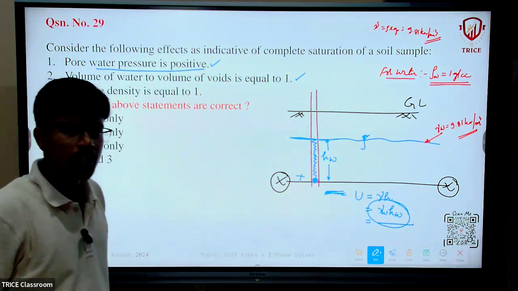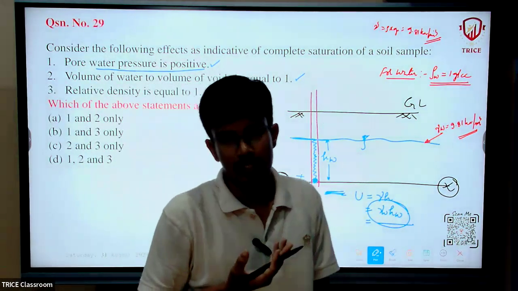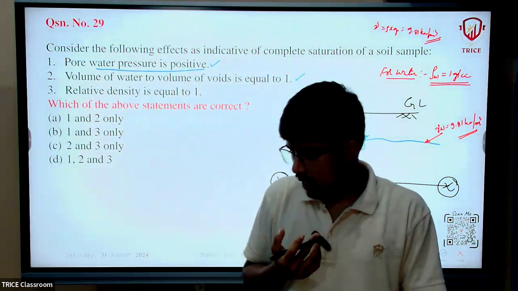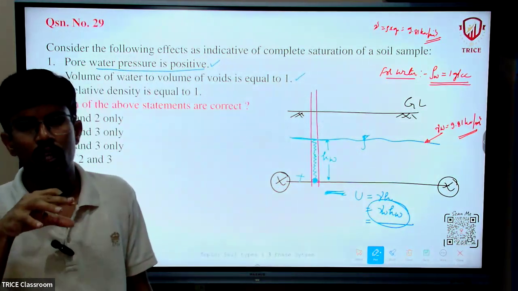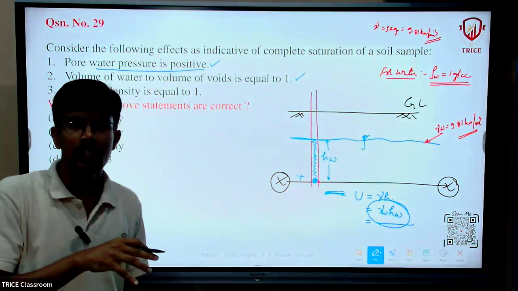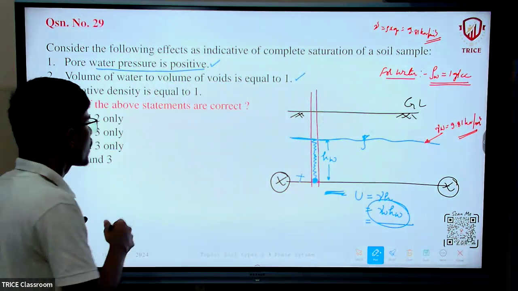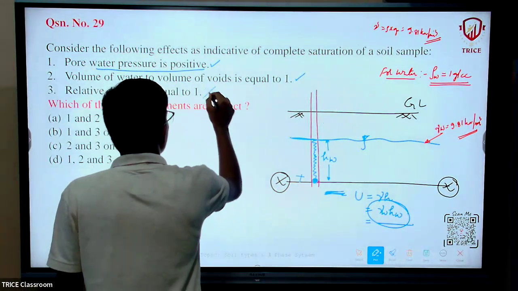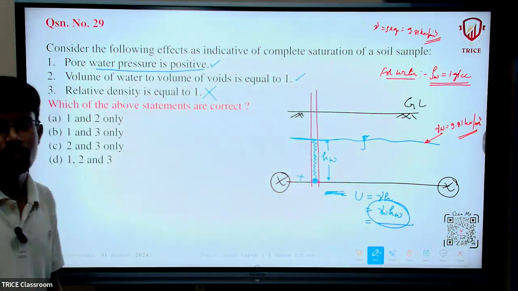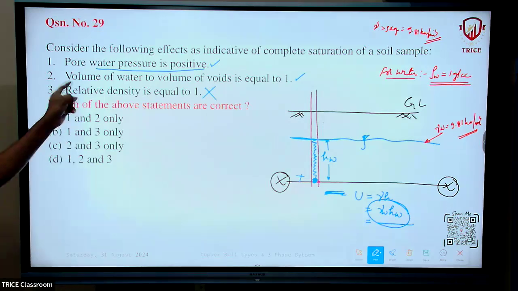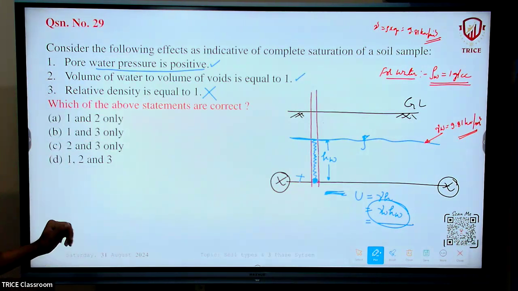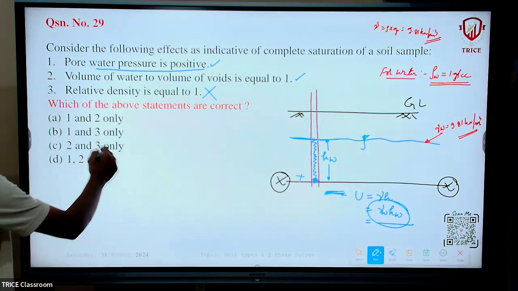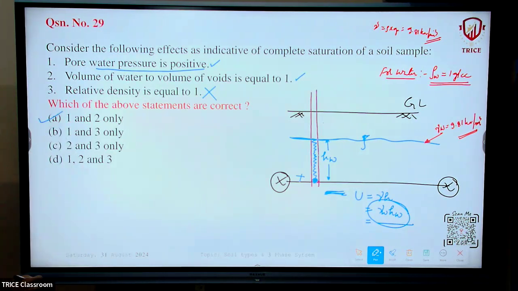The degree of saturation gives only volumetric terms, whereas the relative density applies only to sandy or gravelly soils. Therefore, we can't expect relative density for saturated soil samples. So for this condition, only options 1 and 2 are correct, nothing but option A.